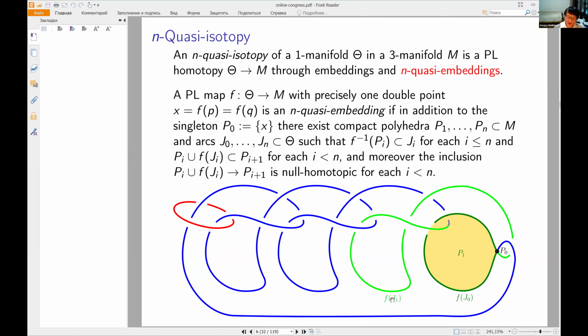All right, we have this arc J1, and now we want to find the polyhedron P2 such that the image of this arc and also the polyhedron P1 taken together are null-homotopic in this P2. We can do that. Namely, here is this polyhedron, so it's no longer a manifold with boundary.